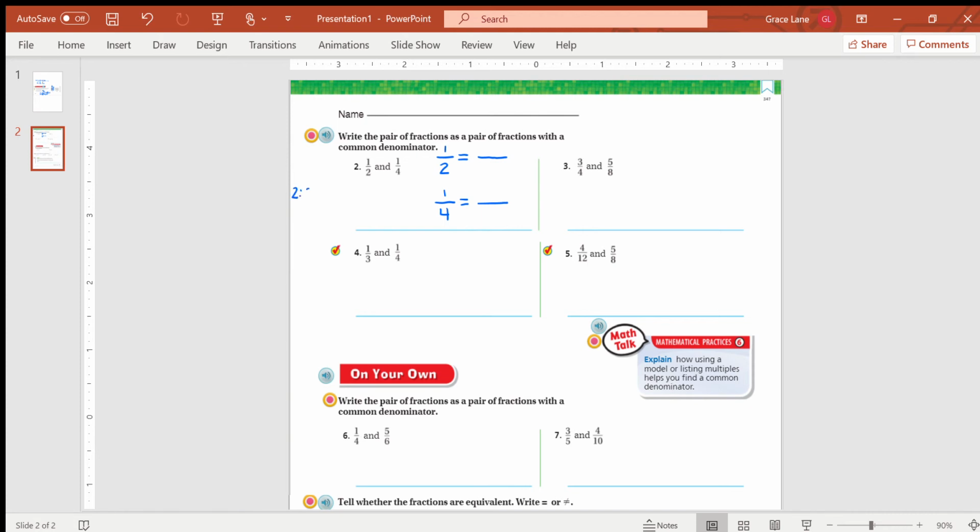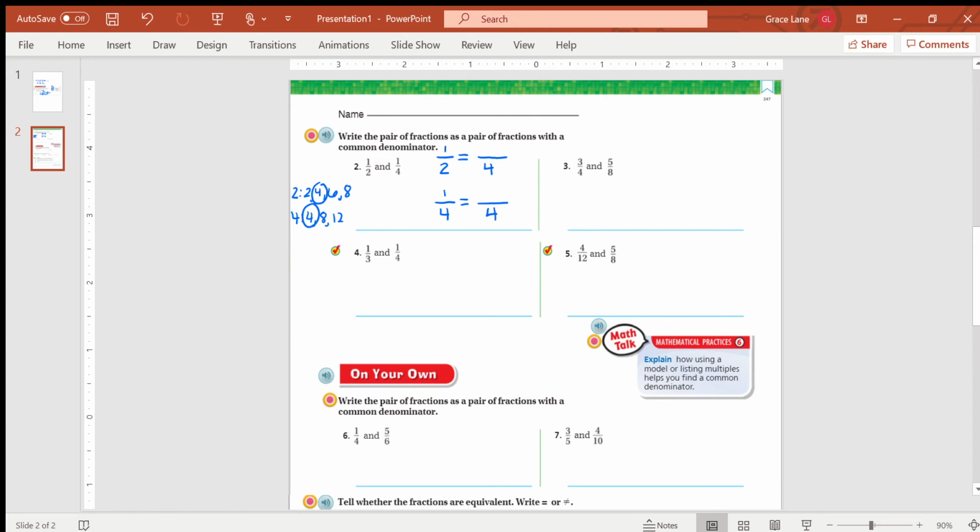So multiples of 2 would be 2, 4, 6, 8. Multiples of 4 would be 4, 8, 12, and so on. Right away, though, I see that they both have a multiple of 4. So I'm going to say that a common denominator could be 4. But before you just write 1 over 4 and 1 over 4 as the new fractions, you can't just change the denominator. You have to also make sure that the numerator gets changed so that the two fractions stay equivalent.